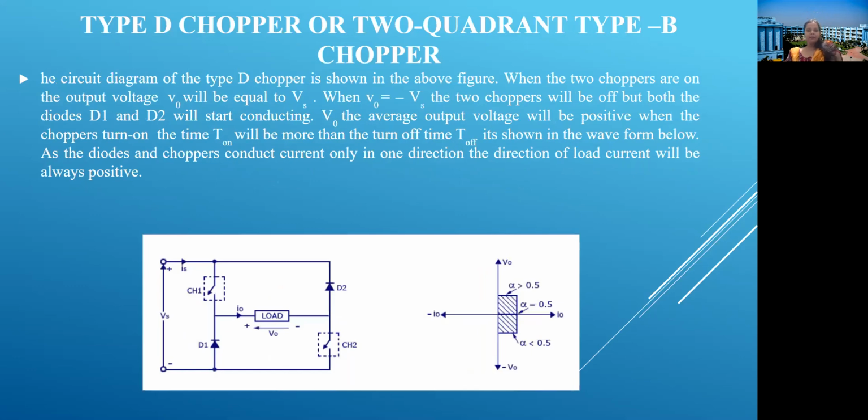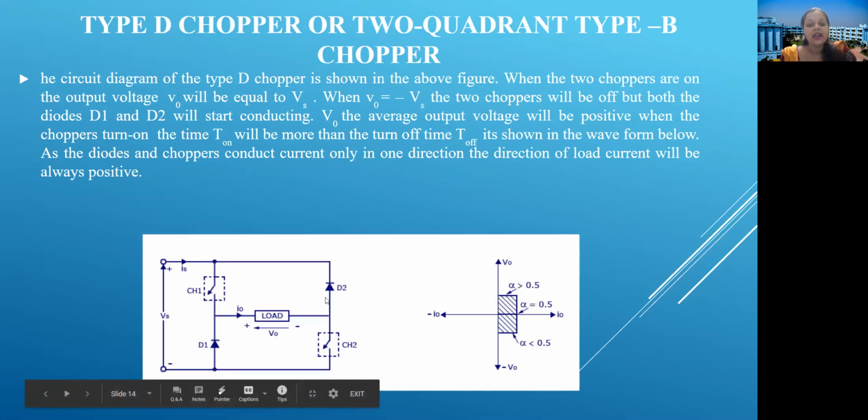So this two quadrant chopper can be used where both motoring and braking operations are required. This is another type, type D chopper, or two quadrant type chopper. Here the circuit arrangement is like two choppers connected in two different lanes and two diodes connected in two different lanes.